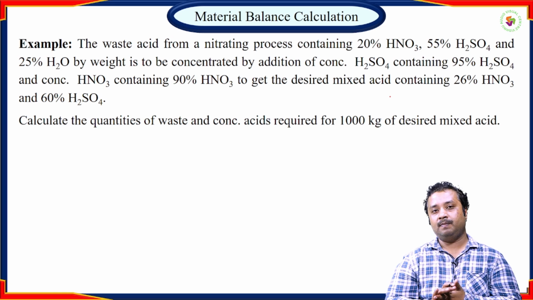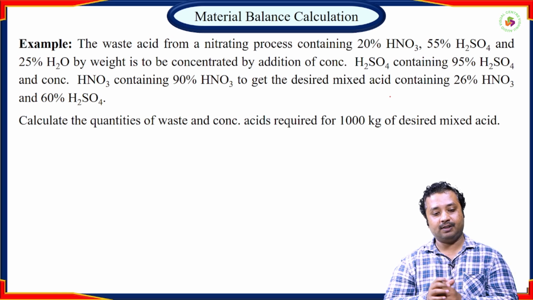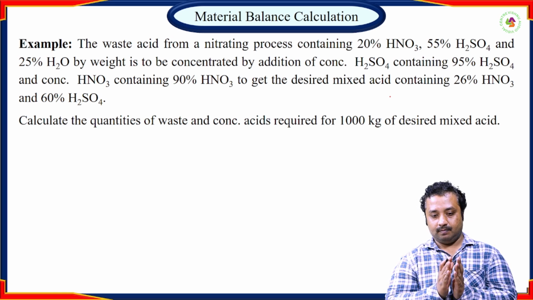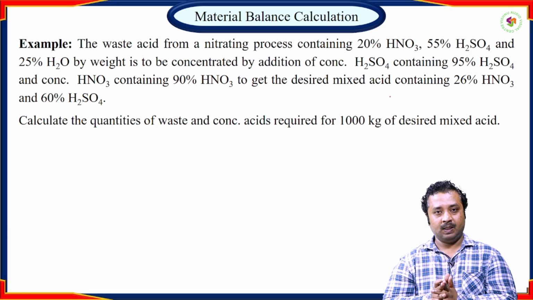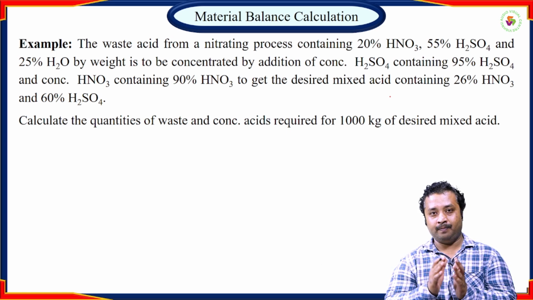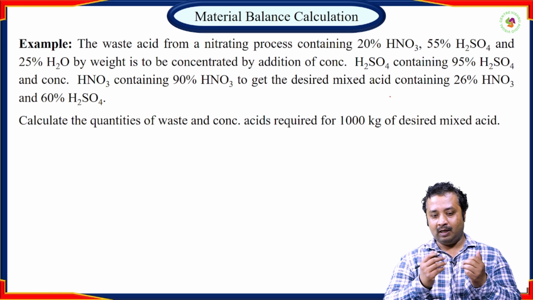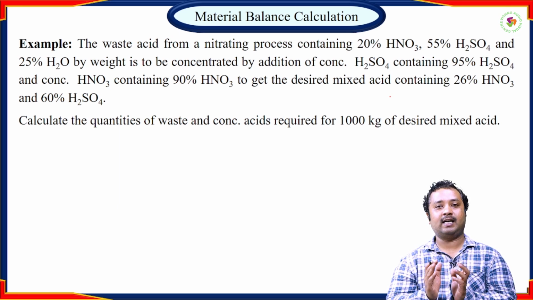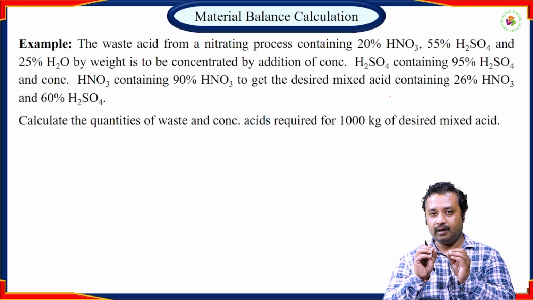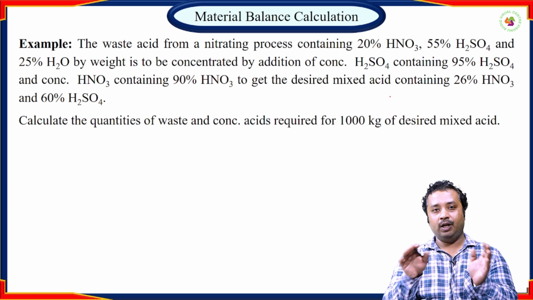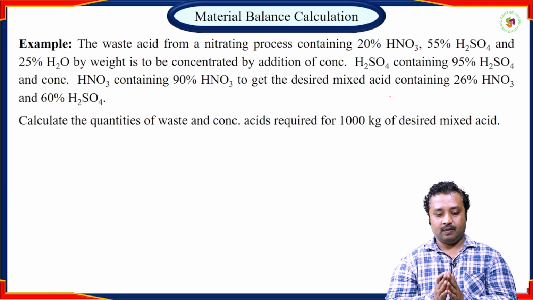To solve this type of question, which is related to material balance calculation, the first thing we have to do is draw a block diagram. In the block diagram, whatever information is given in the question, we try to incorporate into it.